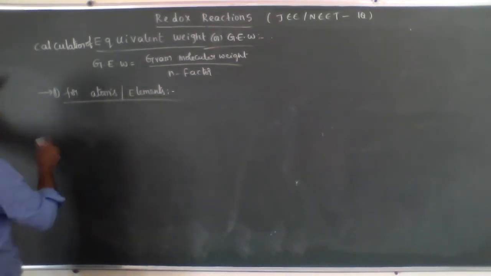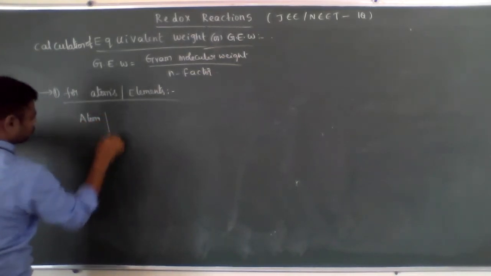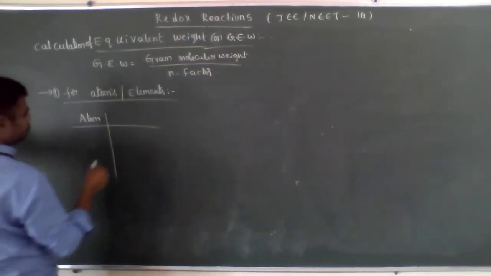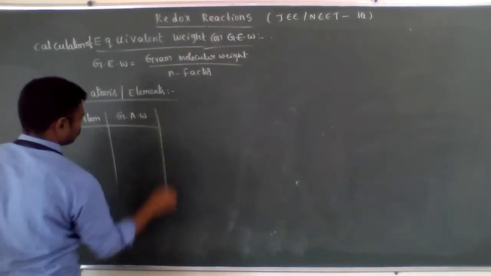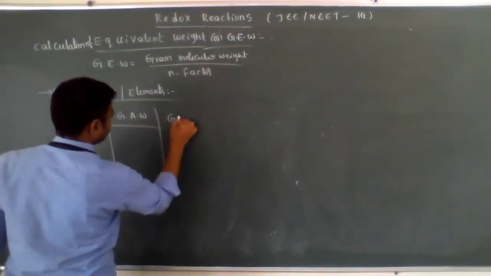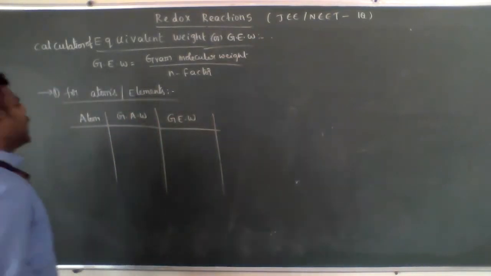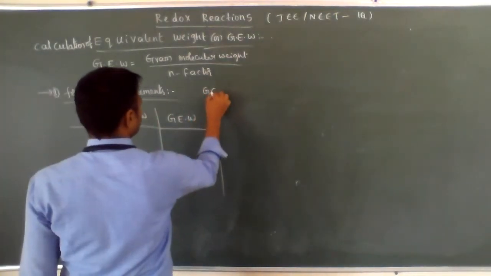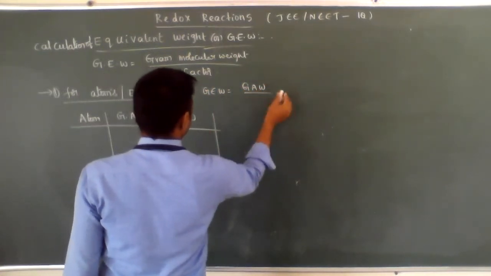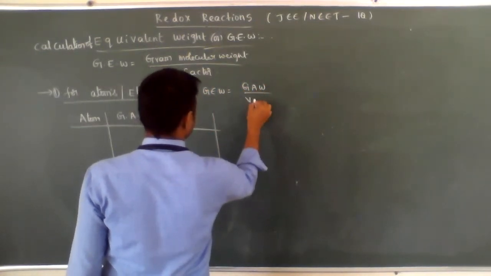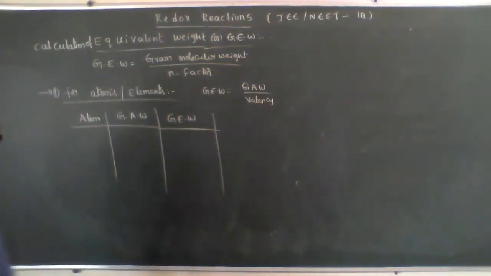I will make it in tabular form: atom, gram atomic weight, and gram equivalent weight. Let's see. For atoms, gram equivalent weight is equal to gram atomic weight by valency.